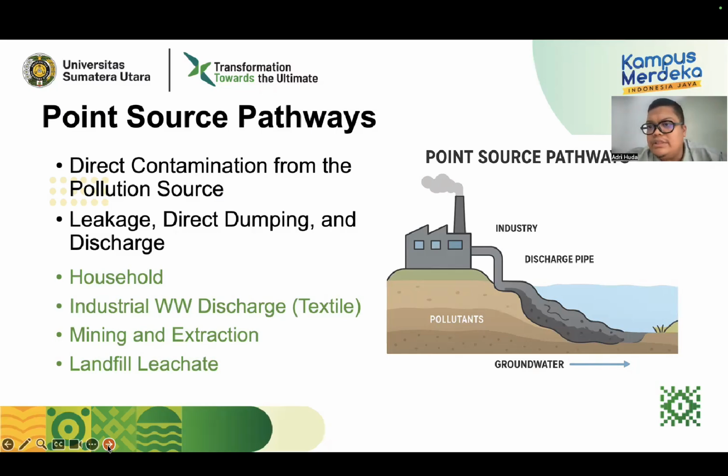As we can see, the river gets a very bright color, where we know the water should have clear water quality. And when they dump the textile wastewater into the river, we could see very clearly that the water gets colored, for example, red or blue, green, and so on.